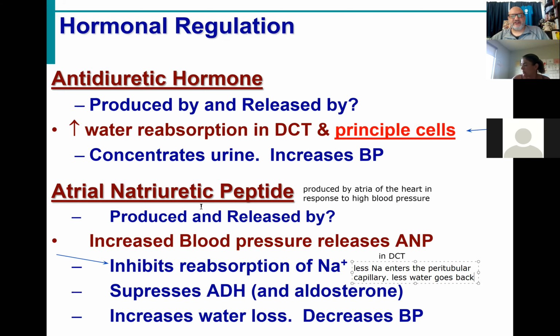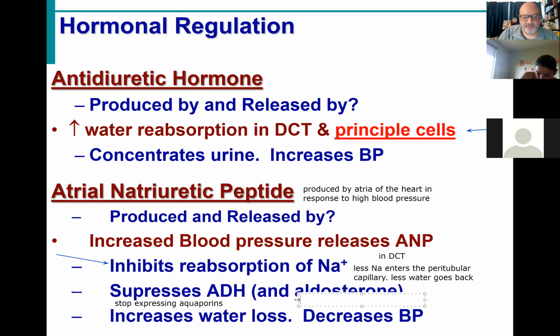Notice it also is going to suppress our antidiuretic hormone. So we stop expressing aquaporins. So again, more water leaves, less water is reabsorbed. And remember, aldosterone also drives the reabsorption of sodium.